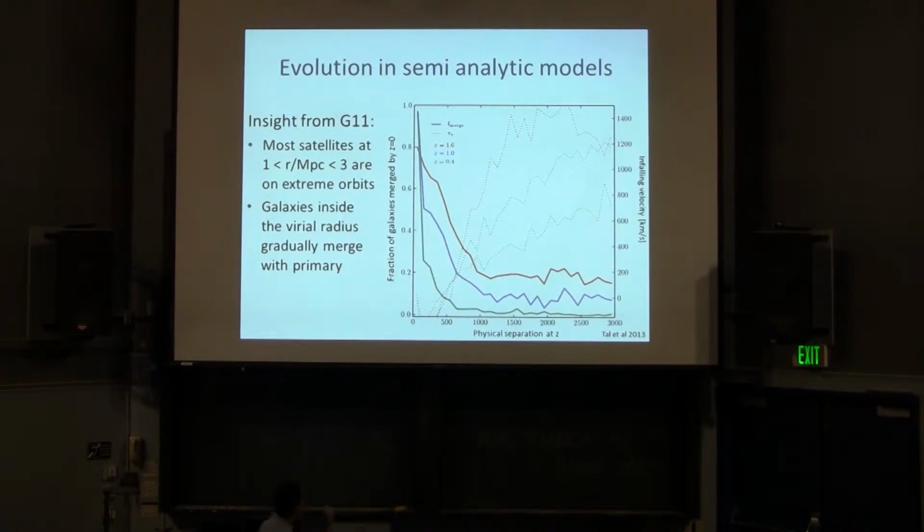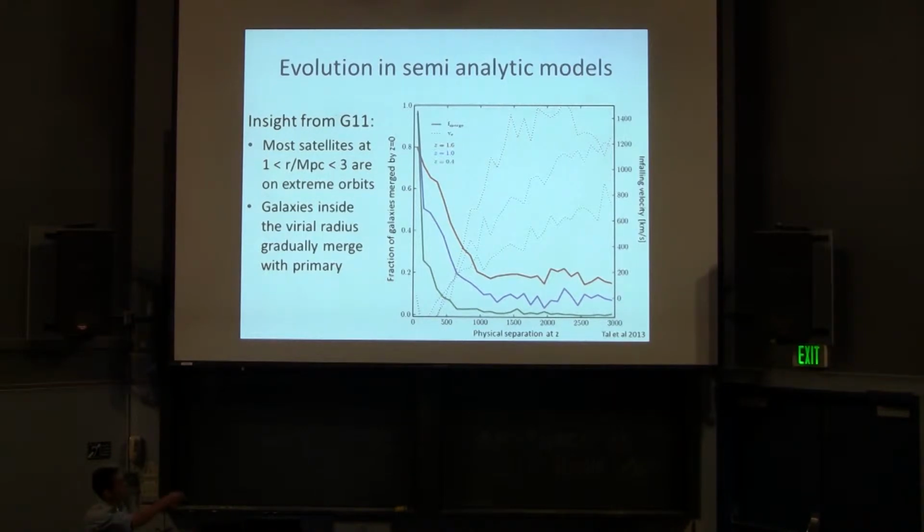But as you go closer in, to galaxies within the virial radius, which is a few hundred kiloparsecs at this point, a lot of these galaxies are going to merge with the central. So most of these galaxies are going to merge with the central. So again, mergers do occur in these SAMs, and we know that.